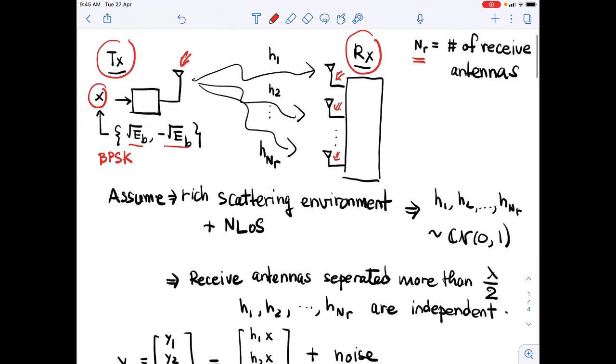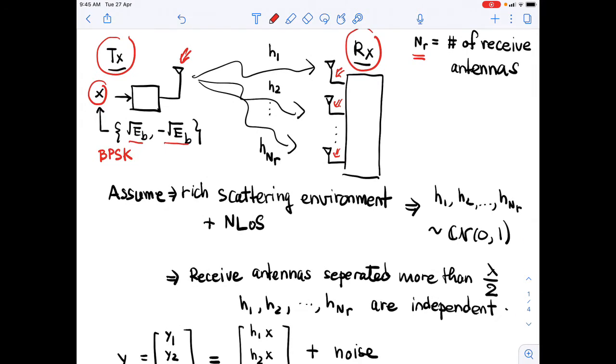Now we're gonna assume certain channel models. The first assumption is this: we assume that the environment or the channel between the transmitter and receiver has rich scattering. So that means there are lots of objects in the paths.